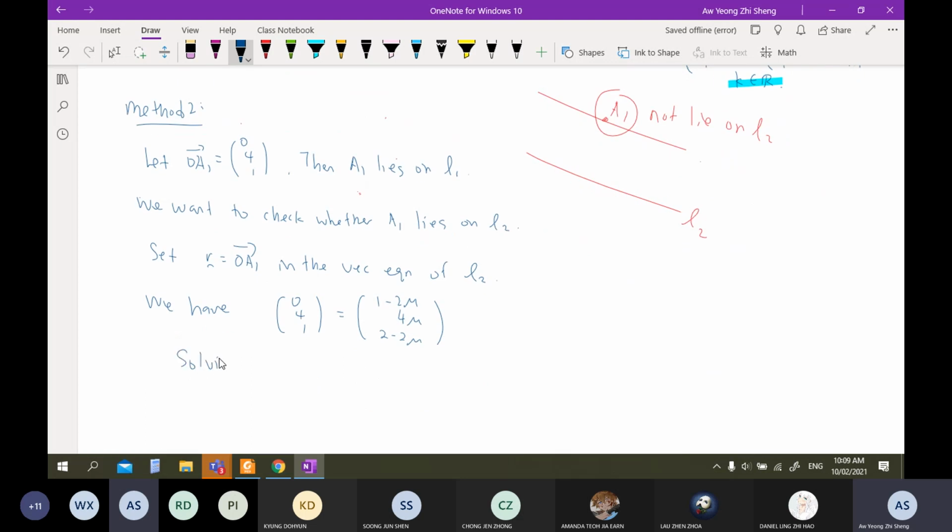Solving for mu, 0 equals 1 minus 2 mu, which means 2 mu equals 1, which means mu equals a half. 4 equals 4 mu, which means mu equals 1. 1 equals 2 minus 2 mu, so minus 1 equals minus 2 mu, which means mu equals a half.